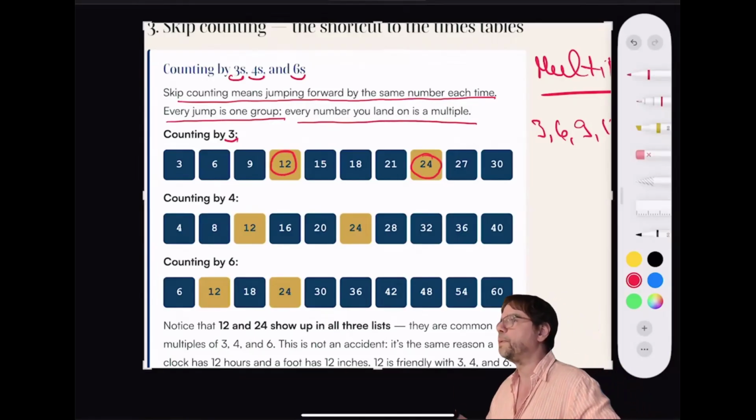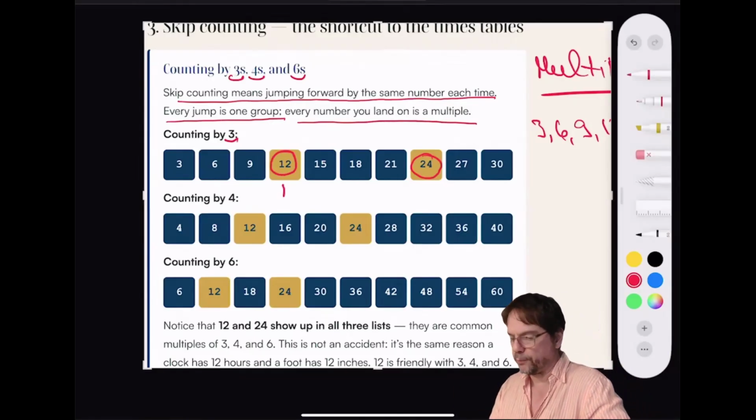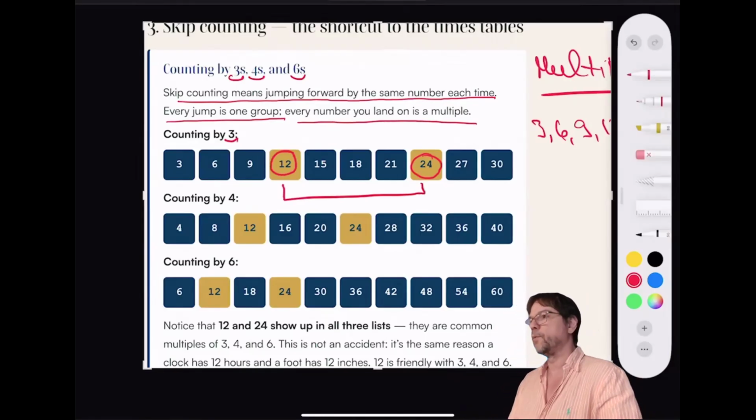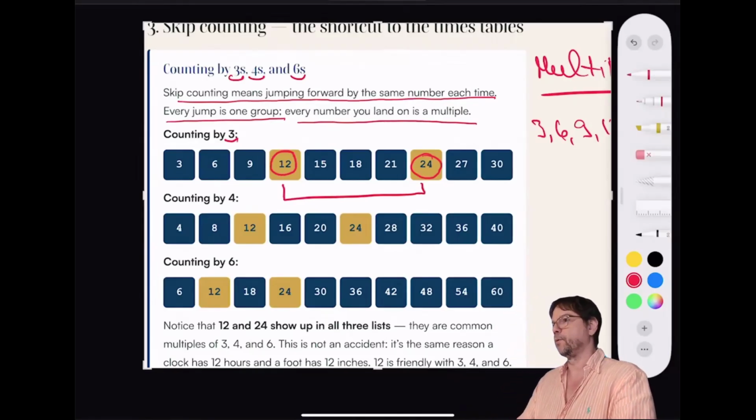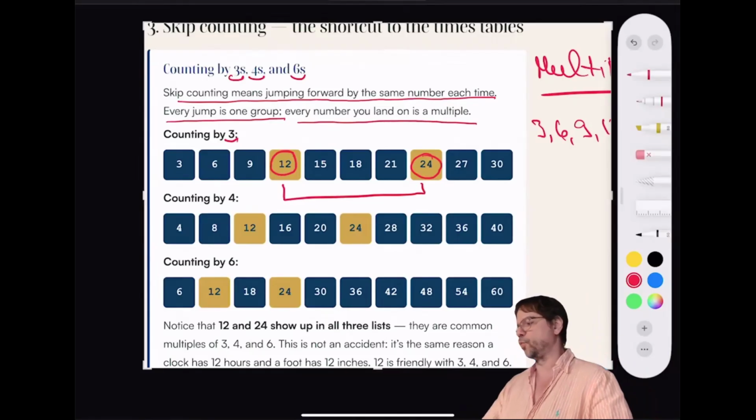Which one would be the next one? What do you think? 36. Look, I have 12, 15, 18, 21, 24, 27, 30, 33, 36.